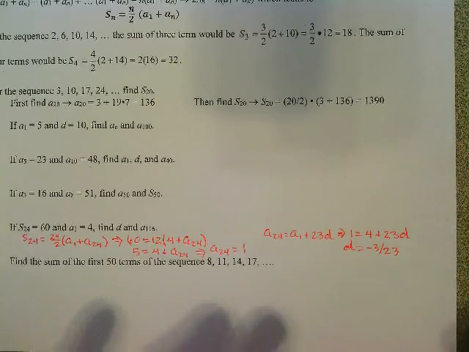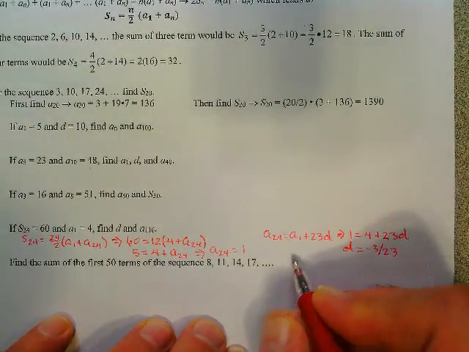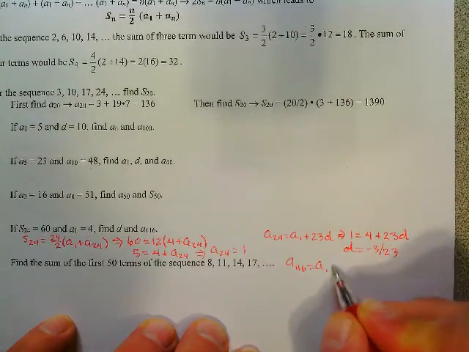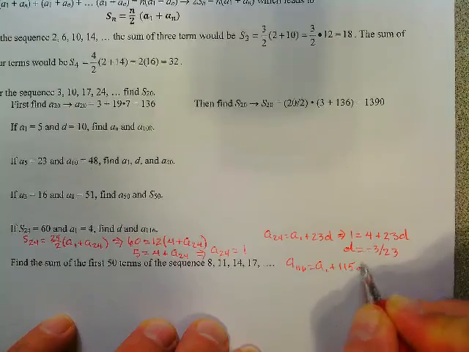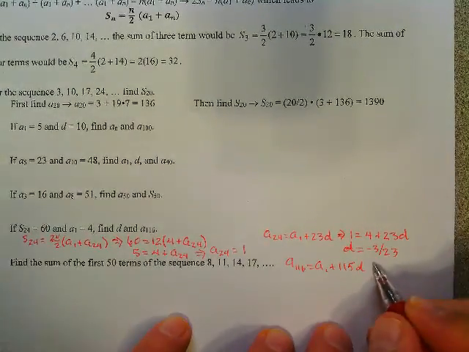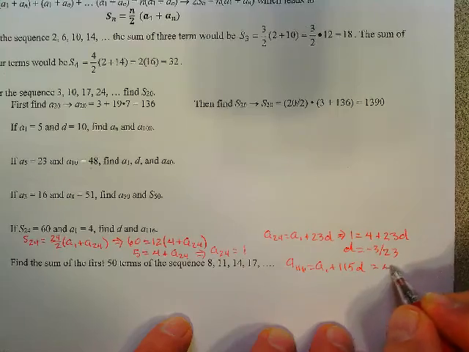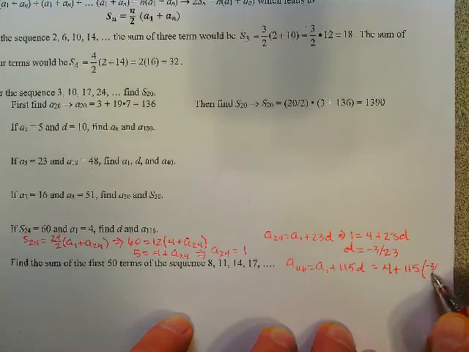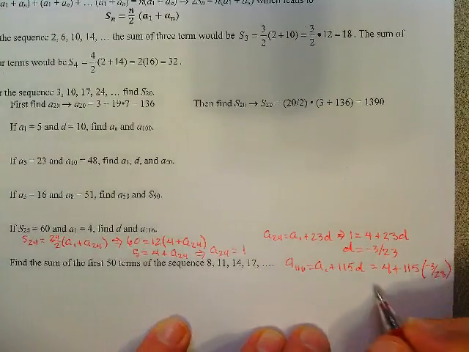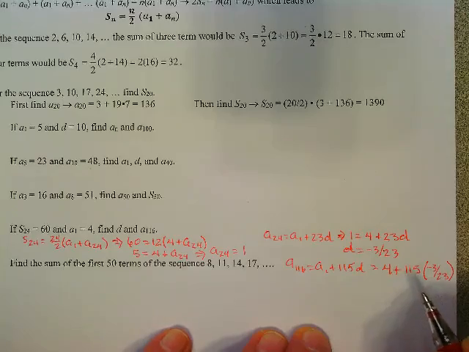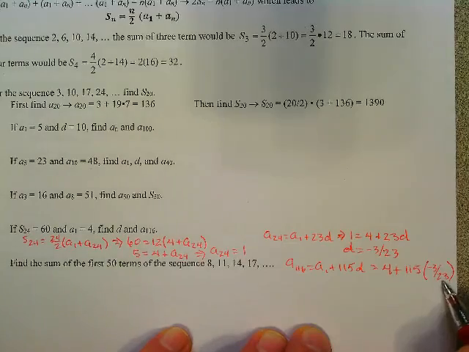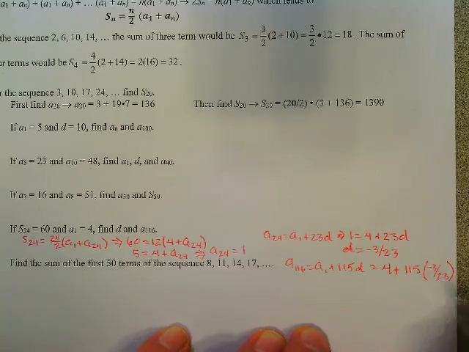Now that I have that, I can go find the 116th term. So A116 is going to equal A1 plus 115D. Well, A1 is 4. 115 times, we just had the D of negative 3 over 23. It turns out that 115 is divisible by 23. It turns out to be 5.